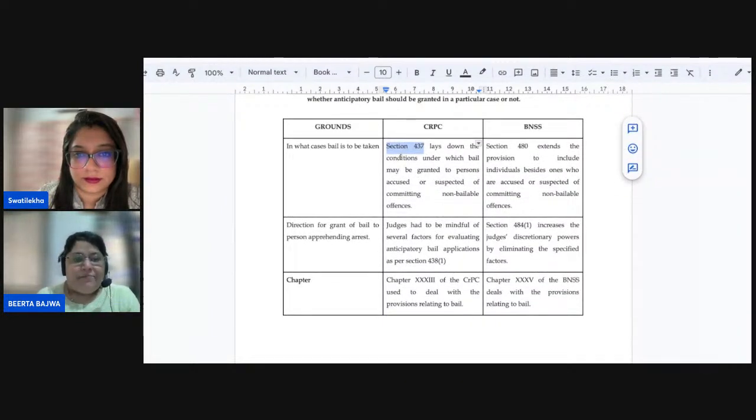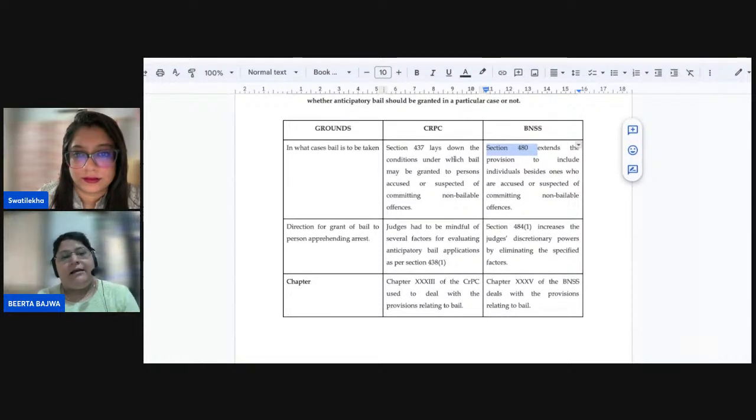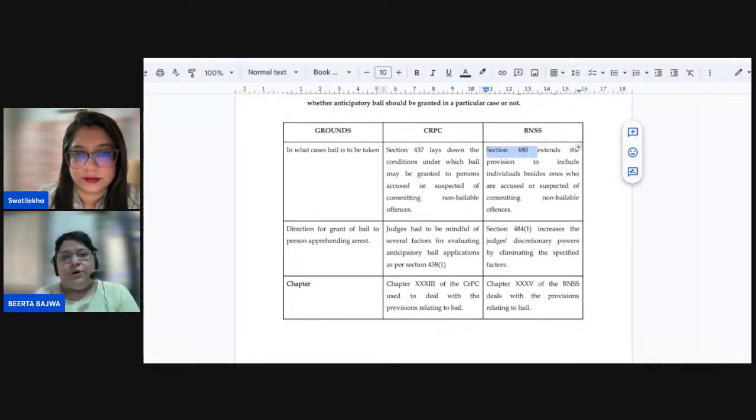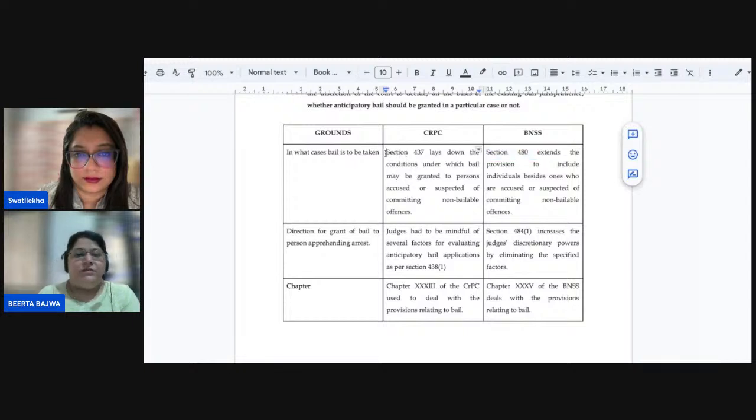Under the new act, the section now is section 480. The definition under the old CrPC and the definition under the BNSS is one and the same. So there are no changes.